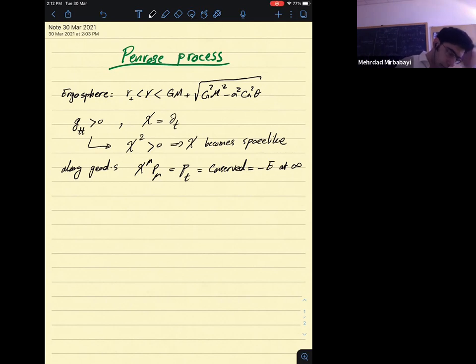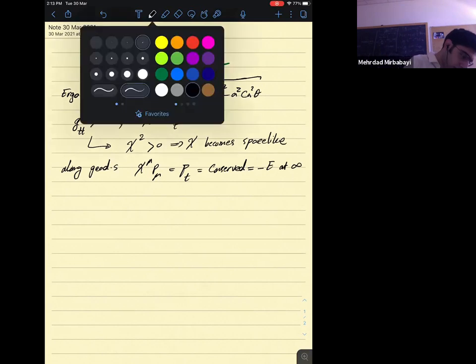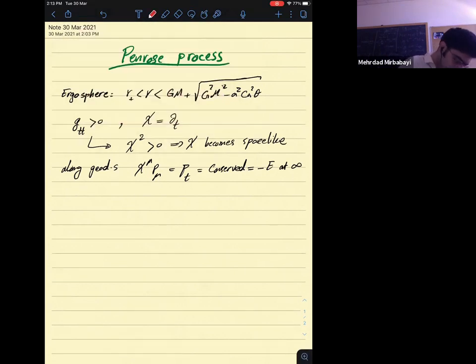So now what happens is that in the ergosphere, p_t can have either sign. So normally this p_t, since it is minus the energy, in a normal situation, or if we are near Minkowski, would be negative.